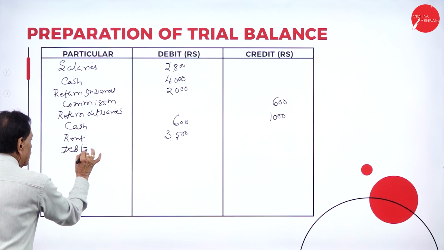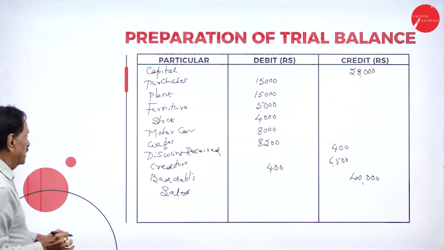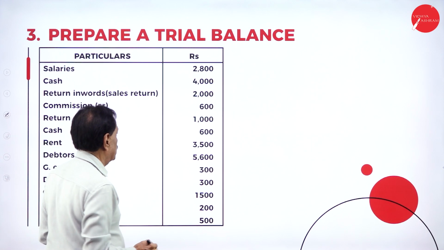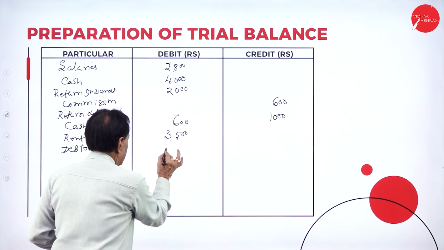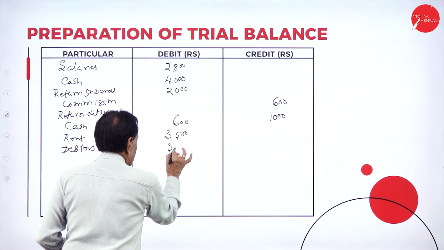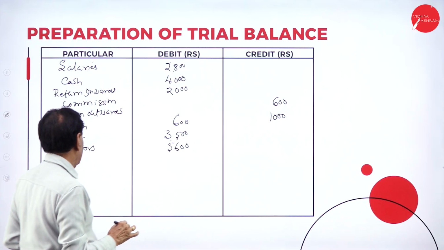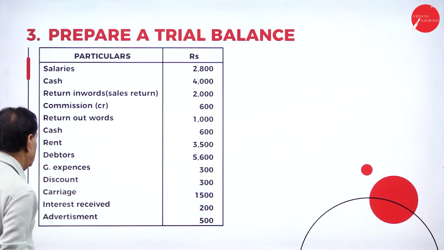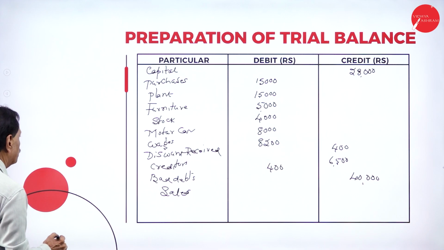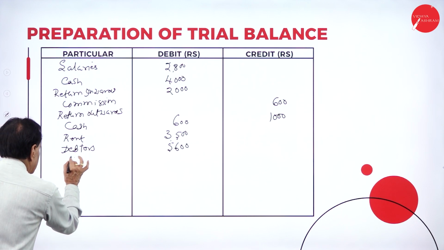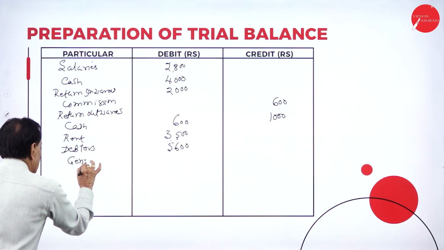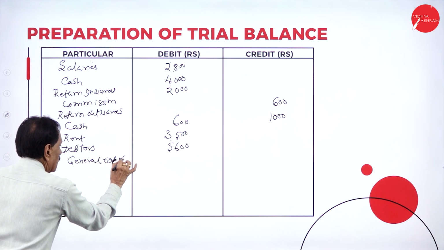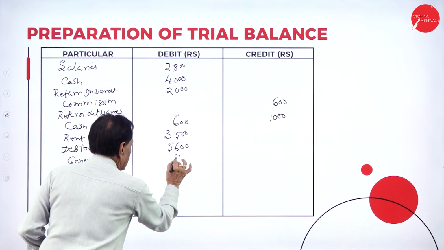Debit side, an asset, 5,600. What next? General expenses 300.